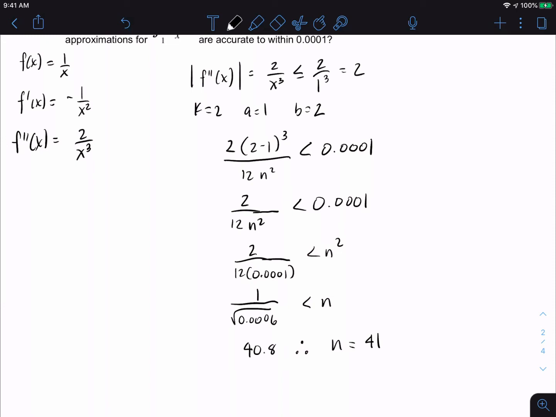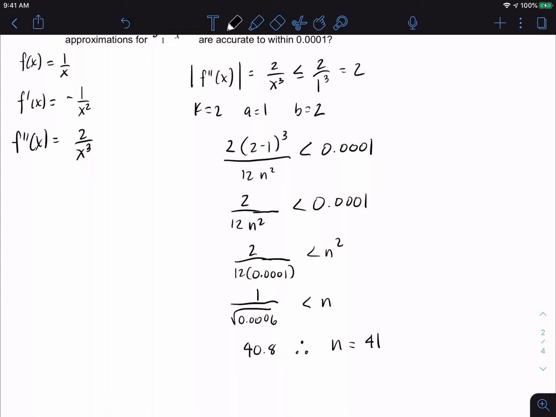Does that make sense? Yes. Thank you. So it's all about the accuracy. If you get 40.001, you have to go to 41 because it's bigger than 40. Clear? Clear. Okay, good.